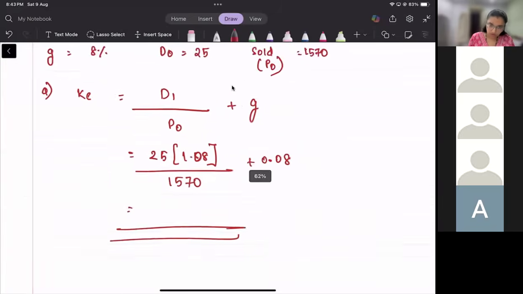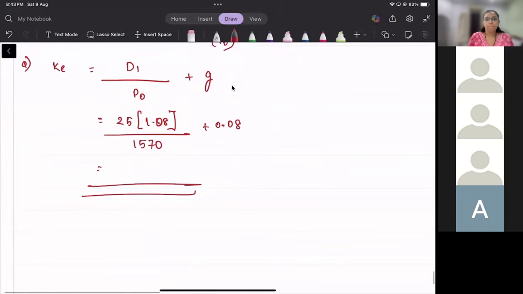How much is the KE that you got? Correct, 9.7.